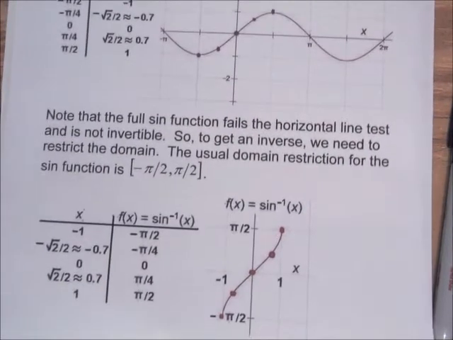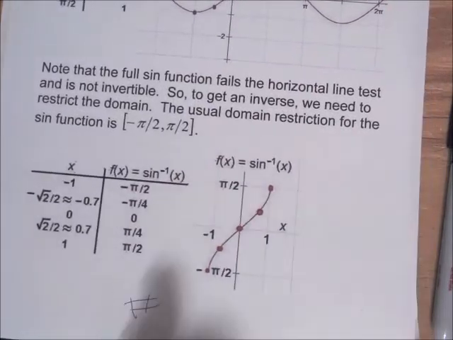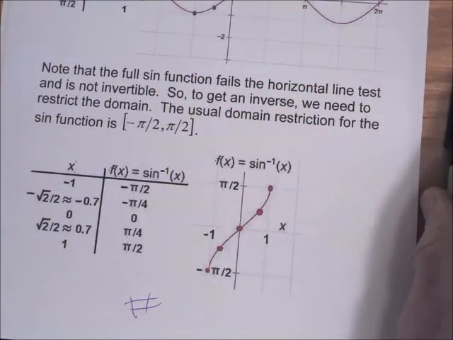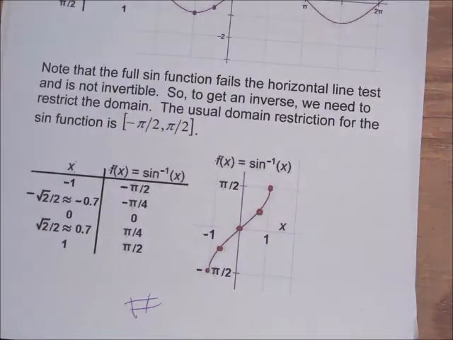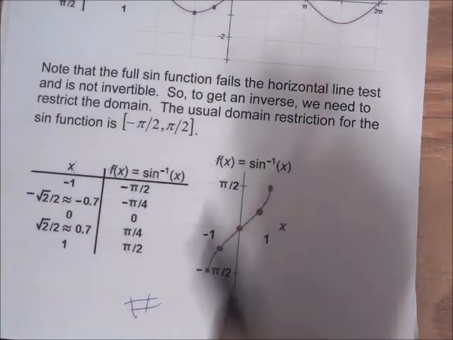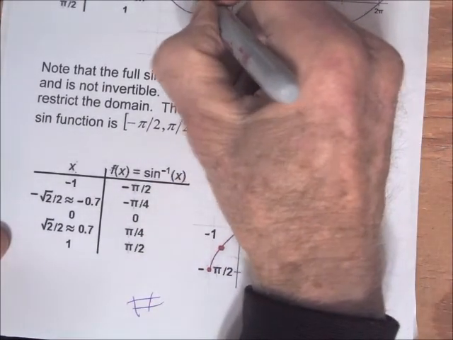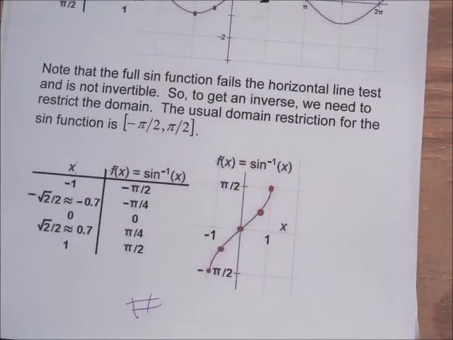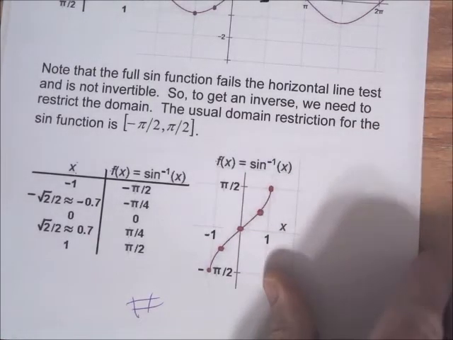And if we restrict the domain, then we can get an inverse. So if we restrict the domain to from minus pi over 2 to pi over 2, then this is the restricted domain here. If we restrict it to this, then we can get an inverse, and this would be the graph of the inverse function.